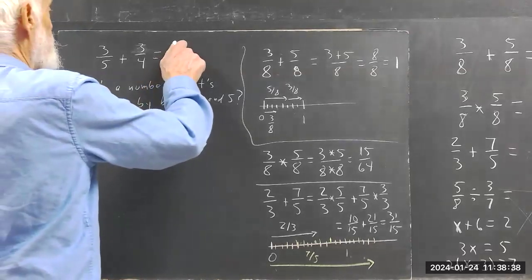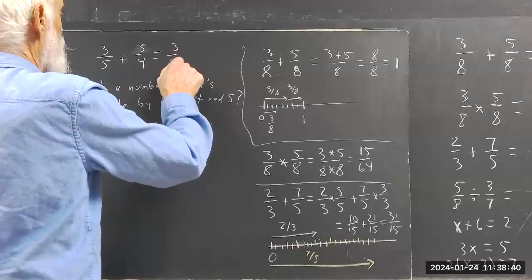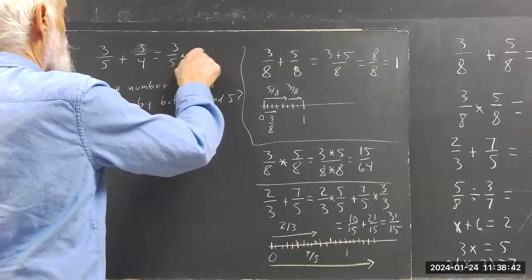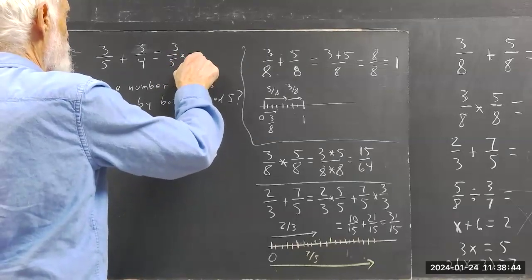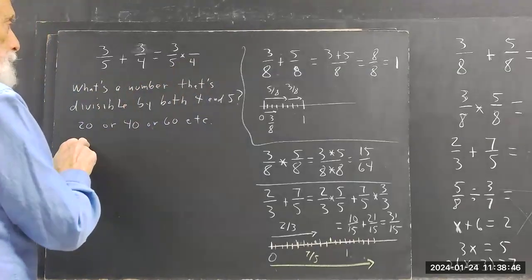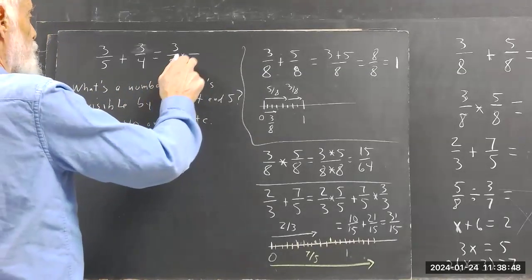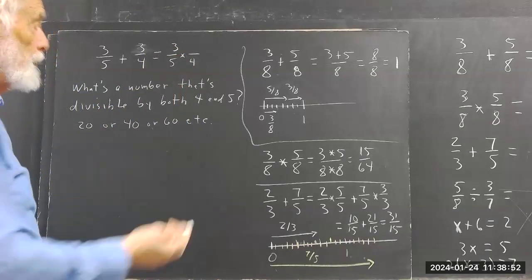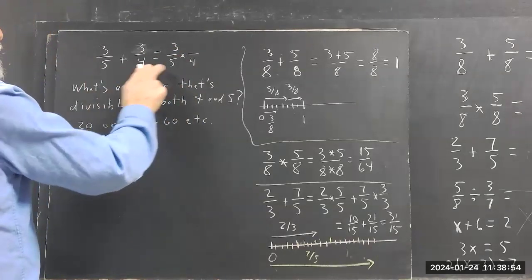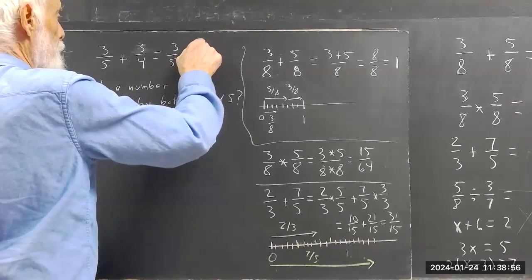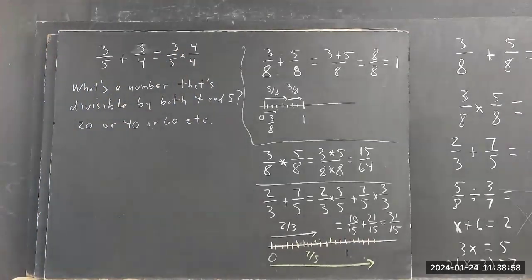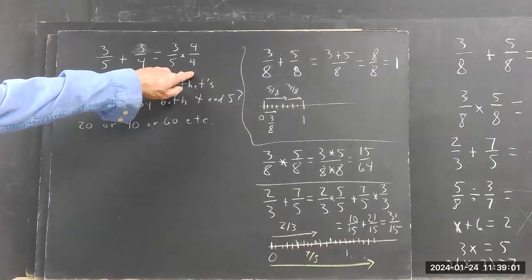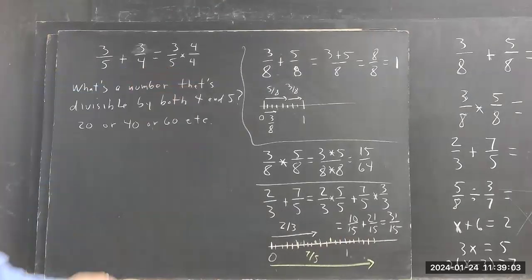So we want 3/5 times another fraction that has to have denominator 4 if we're going to get a denominator of 20. And of course, if we multiply by anything but a fraction that's equal to 1, it's going to change the value of 3/5. So we keep the value of 3/5 the same as it is. We're just going to change what it looks like.